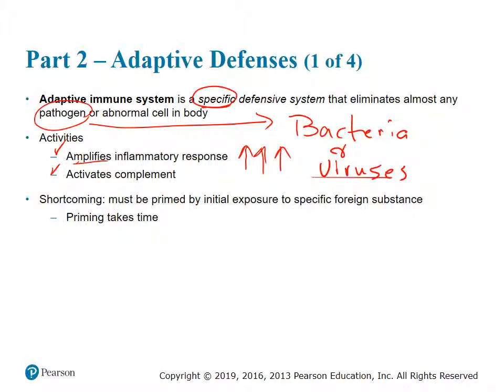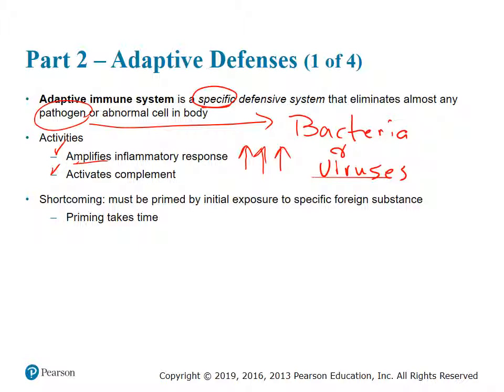As we saw in Part A, the inflammatory response is really quite important. That's a fine line, but generally speaking, if you can increase inflammatory responses, that's going to be a better defense against the particular pathogen or abnormal cell in the body.